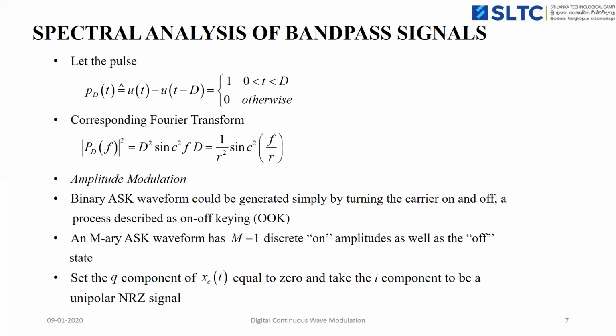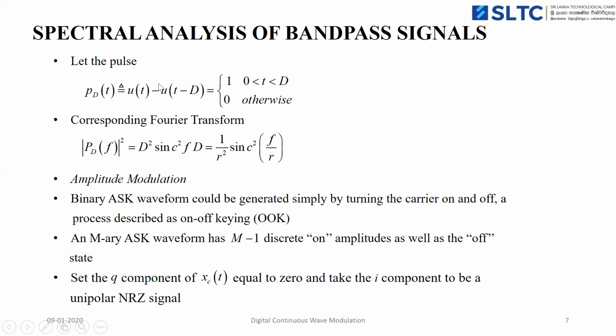So the mathematical representation for the rectangular pulse is p_D(t) equal to u(t) minus u(t minus D), where capital D is the duration of the rectangular pulse, and it has the value 1 within the interval 0 to D, but it does not include 0 and D. For example, if you put the time t equal to 0, it becomes u(0) minus u(minus D), so it becomes 0.